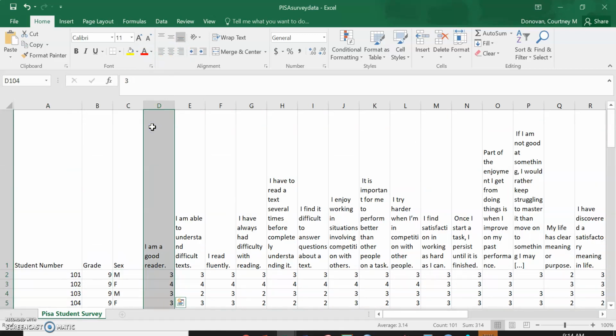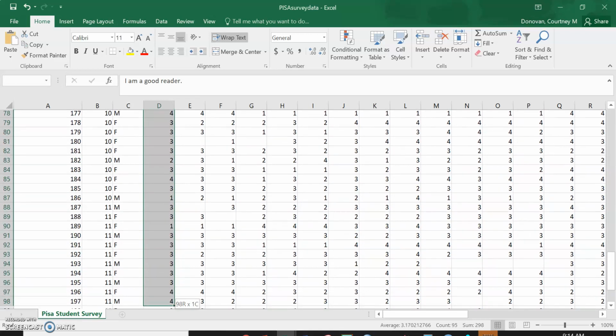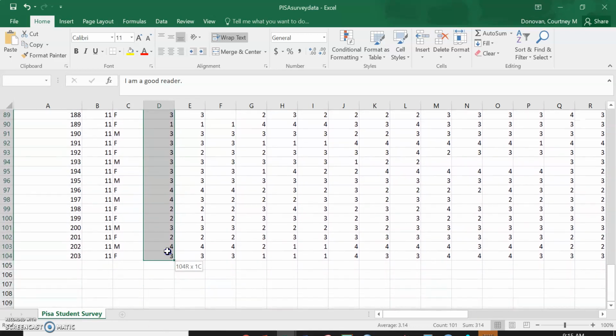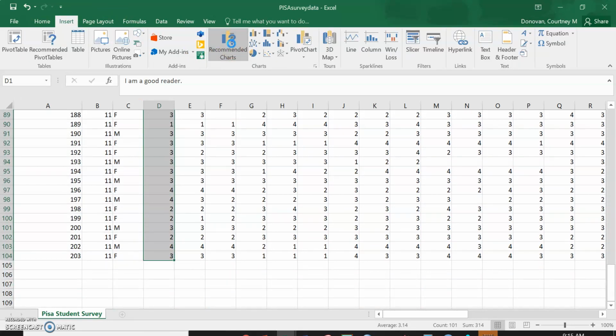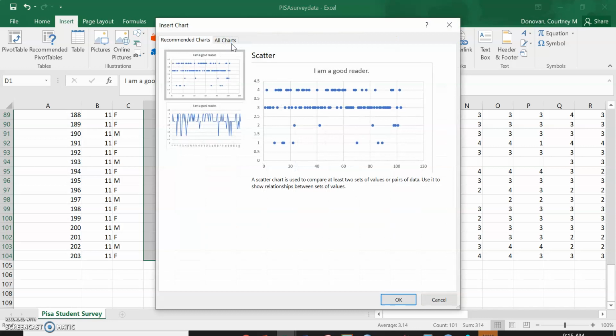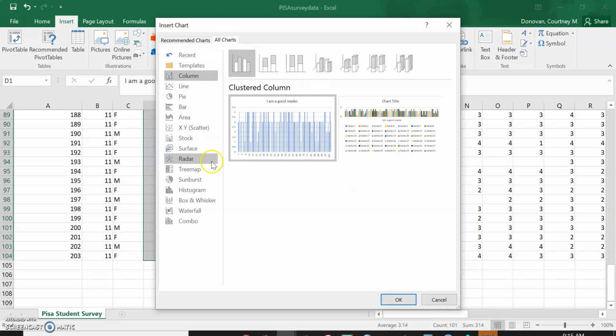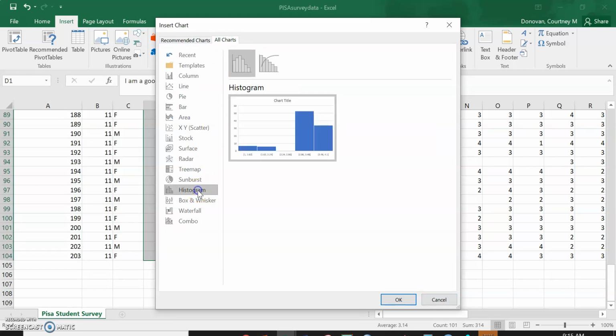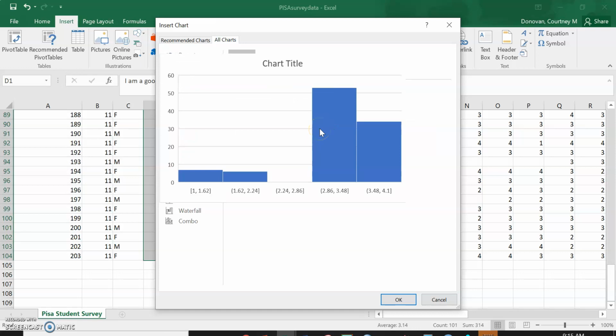Starting with "I'm a good reader," I'm going to highlight the column. I'm going to go up here to Insert, Recommended Charts, and these are really not helpful. I'm going to go to All Charts and Histogram, and this is where I want to be.